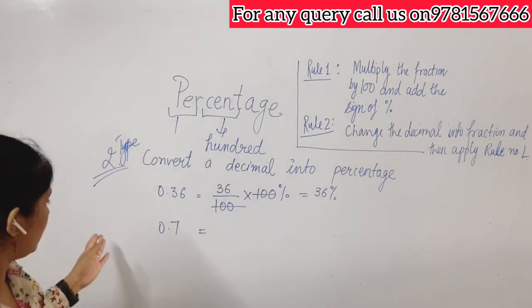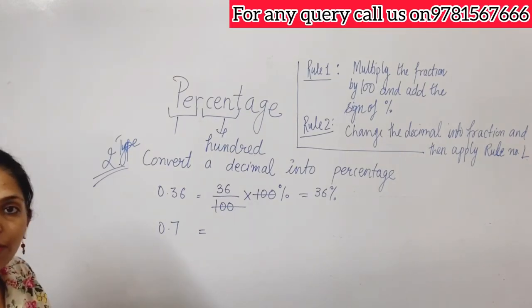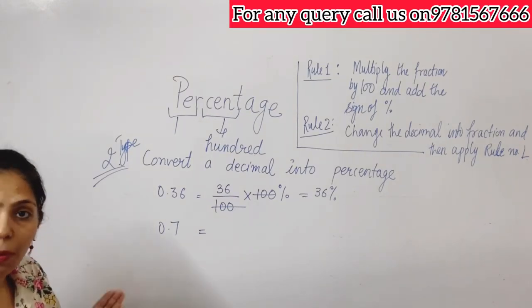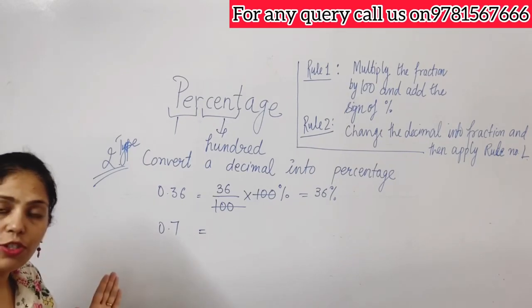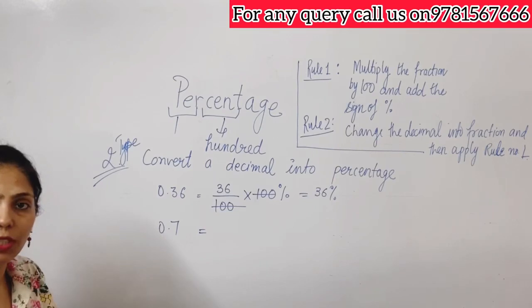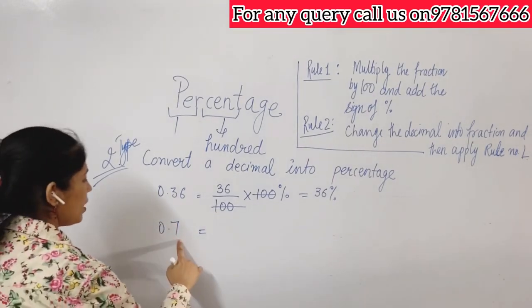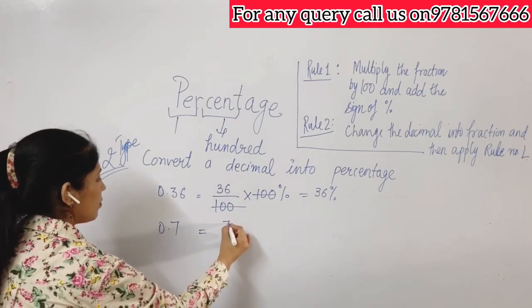If a decimal number is given that has only one digit, how will you solve that? You need to just remember the rule of the fraction chapter, how to convert a decimal into the fraction. We have to write whatever the number is here. What is the number? 7.